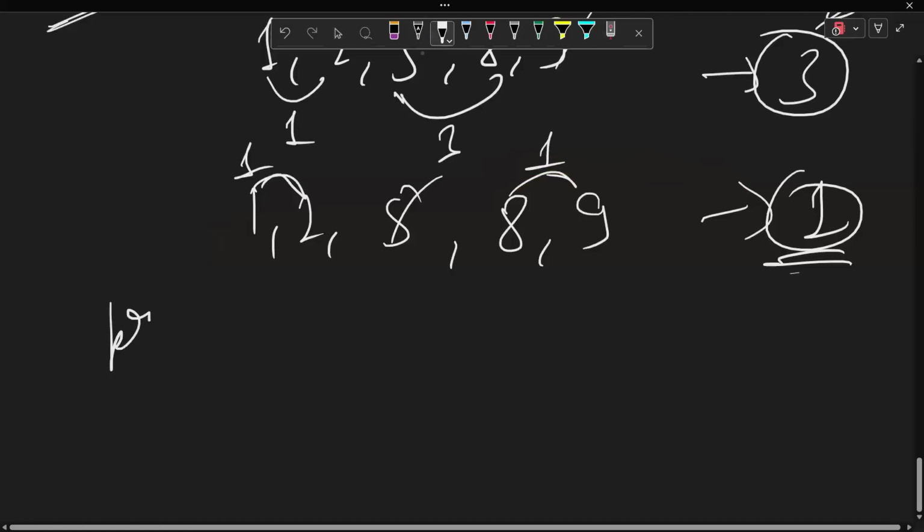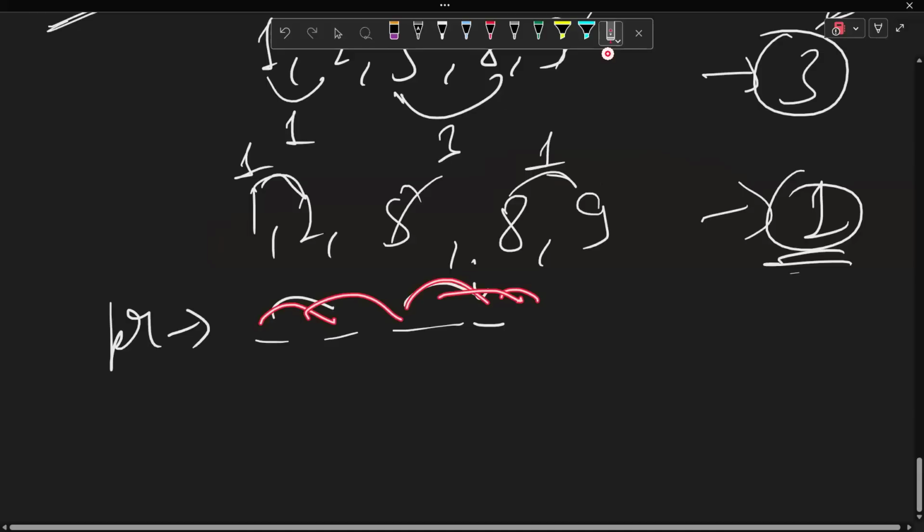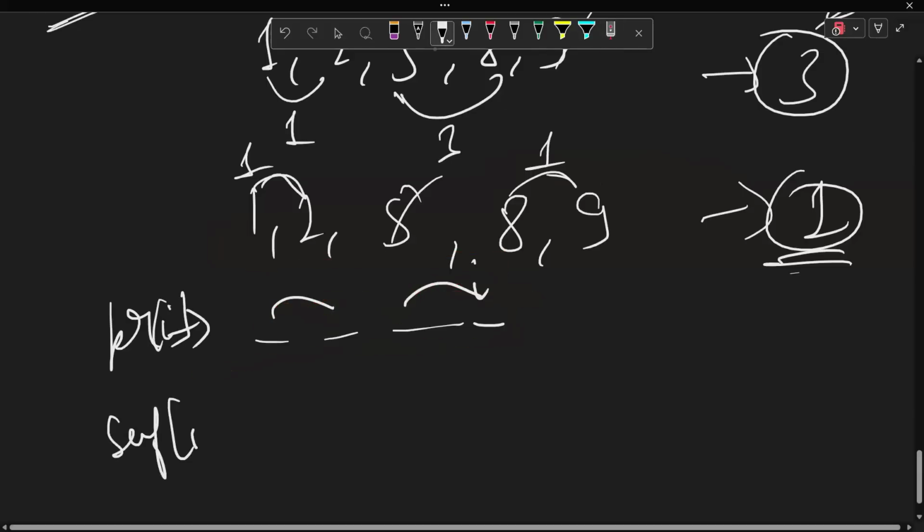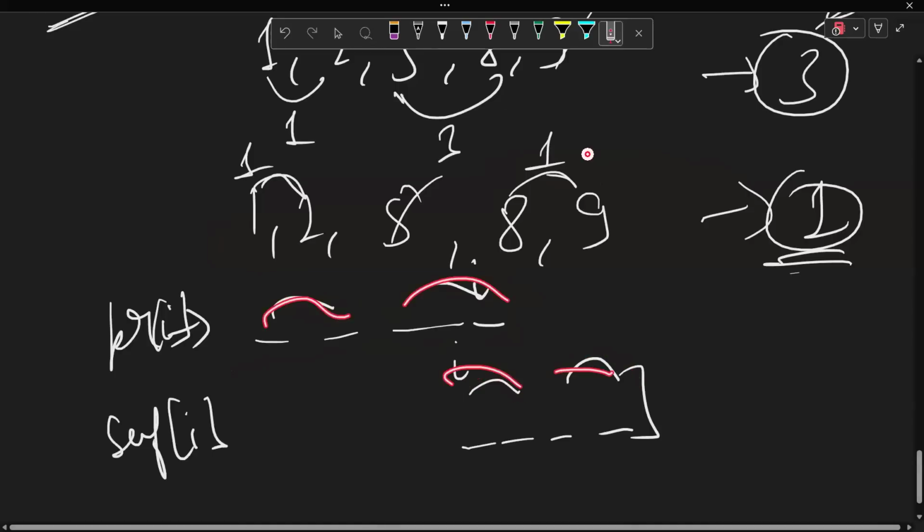So I'll initialize a prefix array which, till index i, holds the maximum among the pairs that we have till index i. That would be denoted by prefix i, and suffix i would denote from the end till index i, the maximum among these pairs.